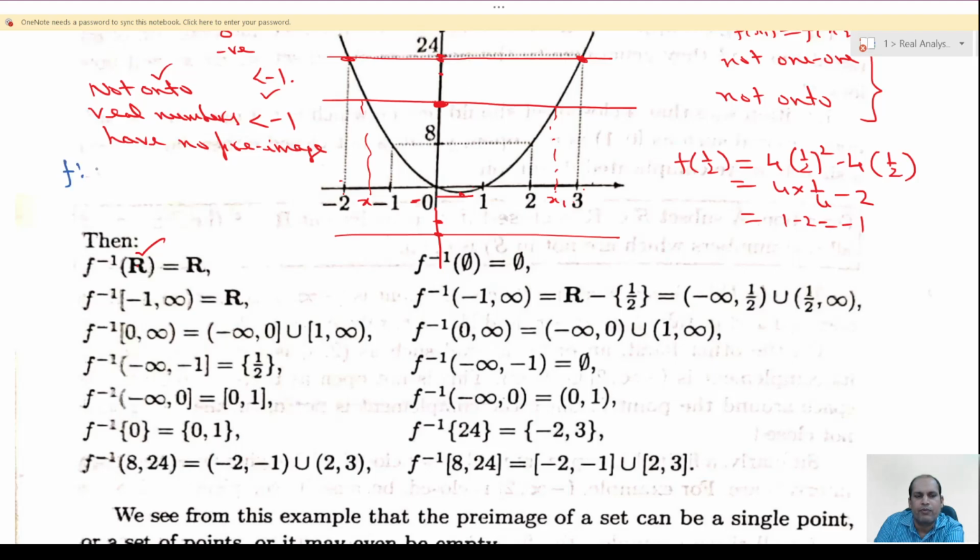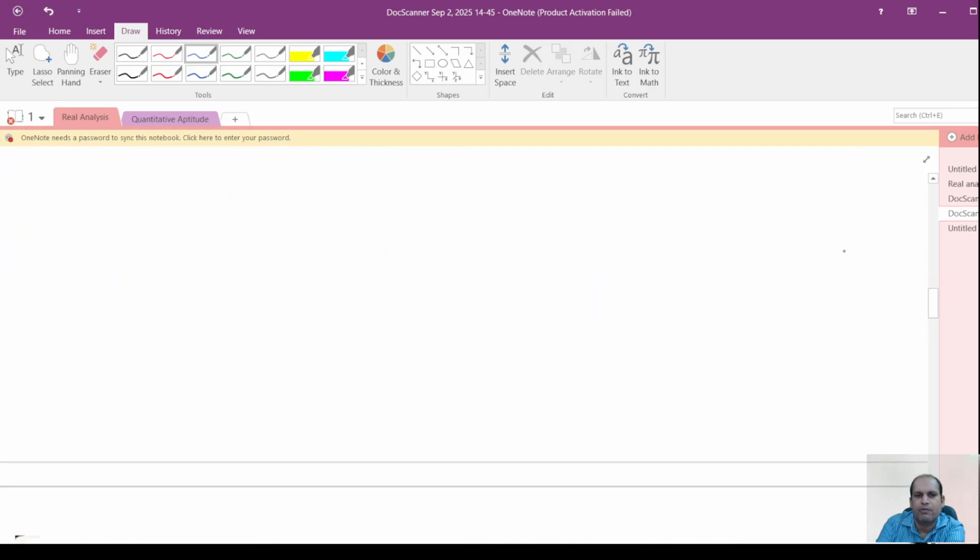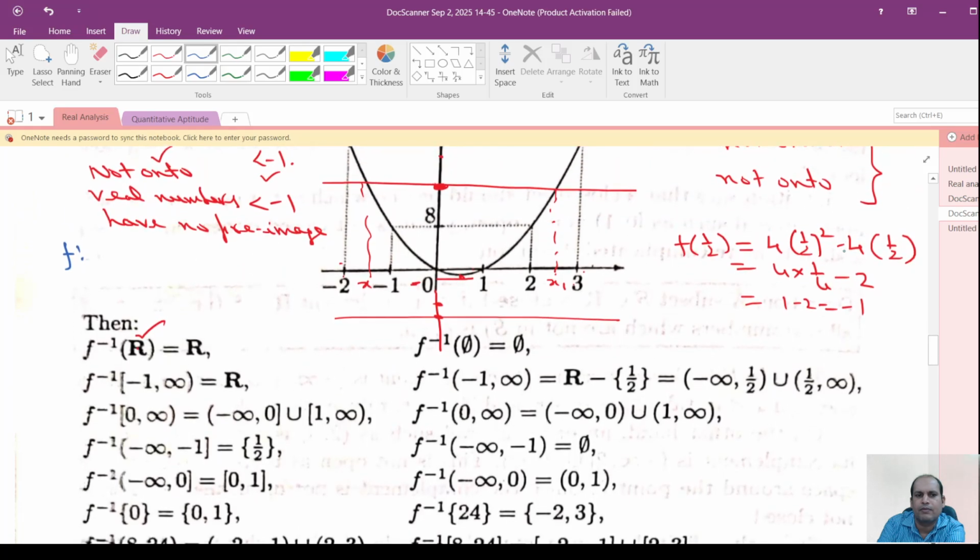If f is a map from D to C and suppose S is a subset of C, then the set-theoretic inverse of the set S is defined as the collection of all x belonging to D such that f of x belongs to this S. Nowhere within this definition is one-one or onto required. One can talk of set-theoretic inverse for any function.